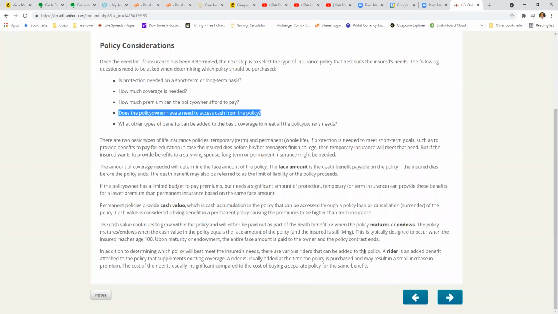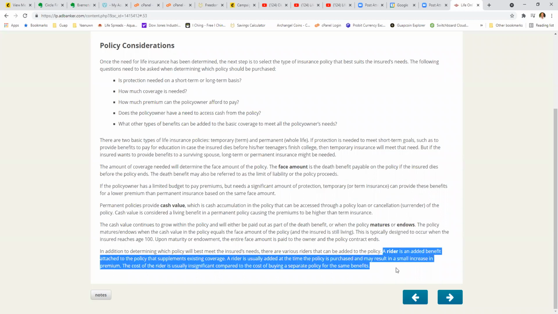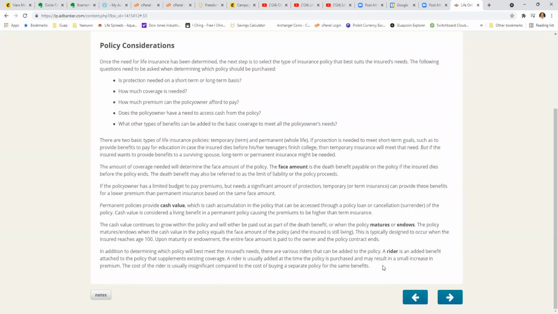Riders are additional benefits to the policy that can be added. I recommend for all parents to add a child rider. On our term insurance, you can add $25,000 for every child for just an additional $16 a month. A lot of the riders that we offer come for free. The living benefits riders, which pay out if somebody becomes critically, chronically, or terminally ill, are free.